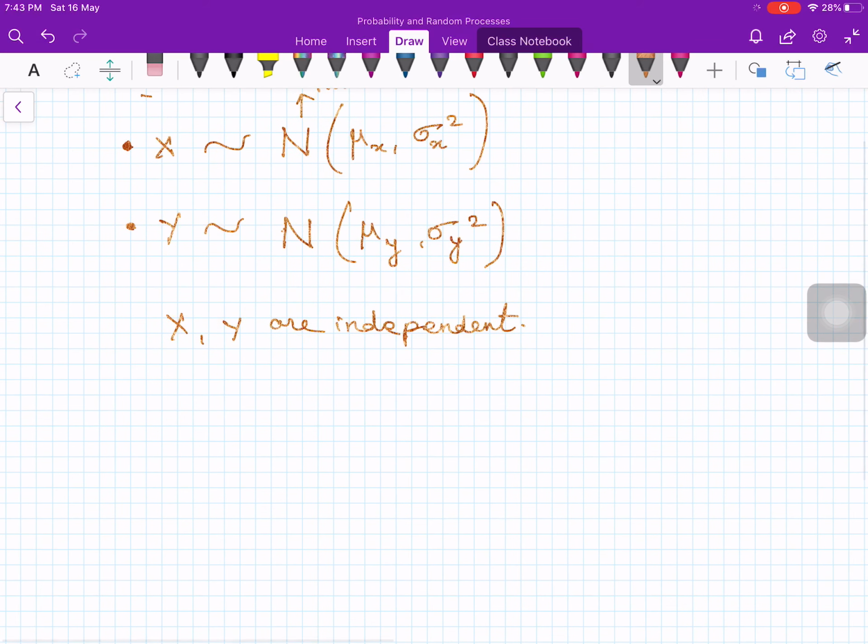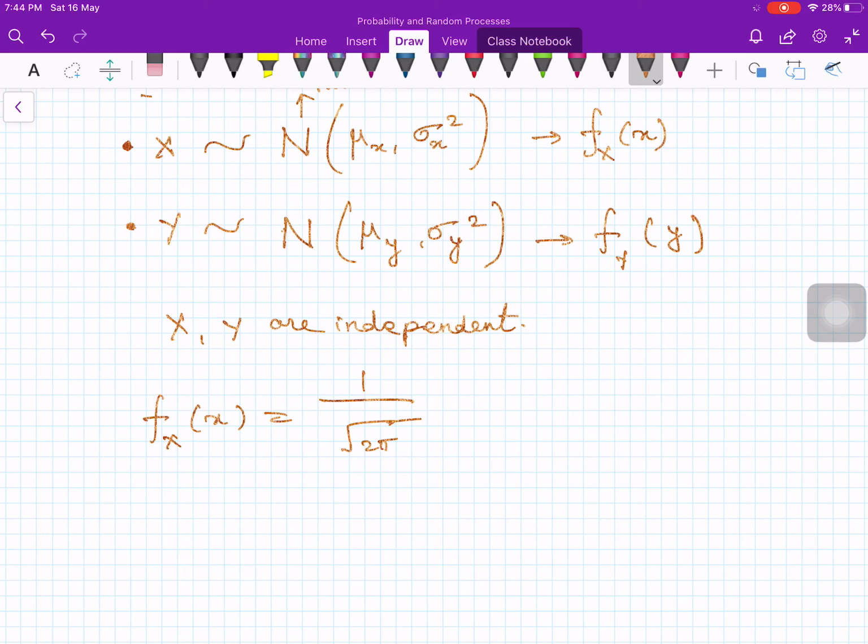Therefore x is described in terms of its density function fx of x, and y is described by its density function fy of y. Now what is the density function fx of x? This is going to be 1 over the square root of 2 pi sigma x square, e to the power minus (x minus mu x) the whole square divided by 2 sigma x square.